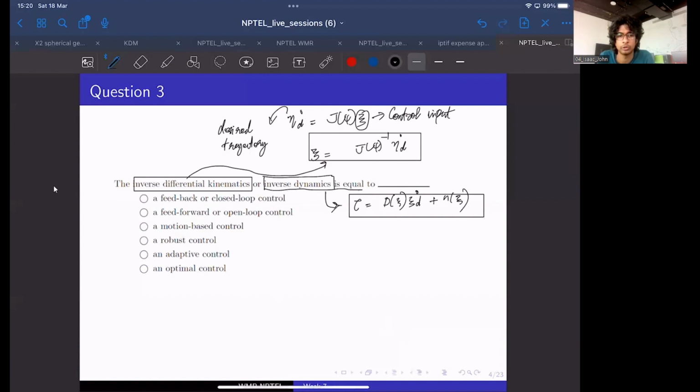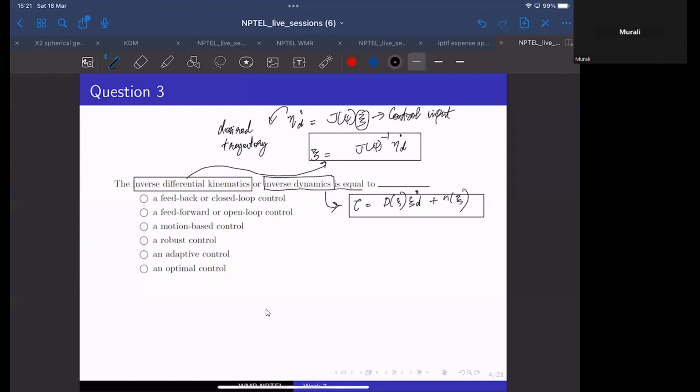It says whether it is a feedback or closed loop control, a feed forward or open loop control, a motion based control, a robust control, an adaptive control, or optimal control. So given these control laws, could anyone of you answer the question?